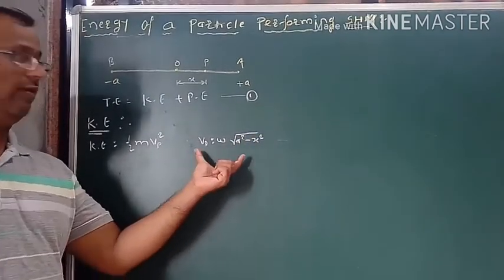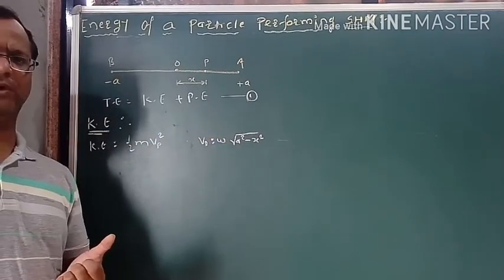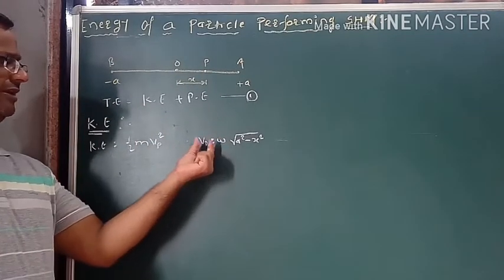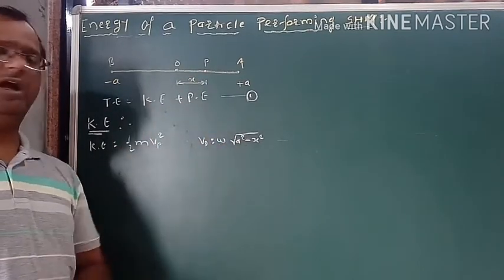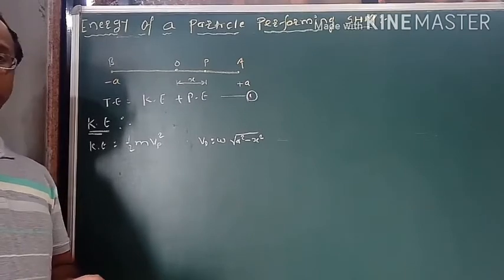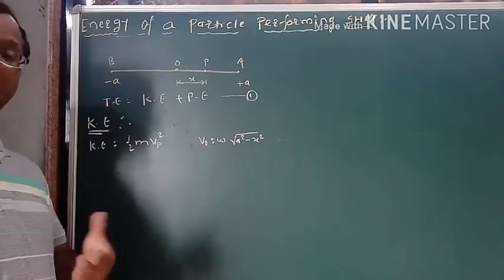Point P is a general point, right? So the velocity of the particle at point P is omega into the under root of a square minus x square. If we substitute this value in the equation, then what do we get?